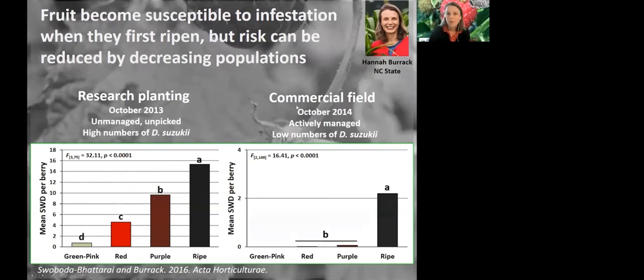However, when she repeated this work in a commercial field the following year, where the flies were actively managed through insecticide applications and fruit were harvested on a roughly 3-day schedule, there were low numbers of flies in the entire planting, and that resulted in infestation being concentrated in their preferred ripeness stage, ripe fruit, rather than these ripening fruit.